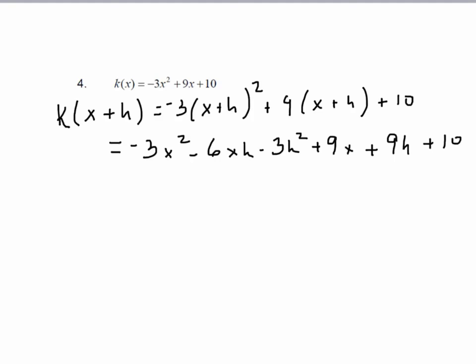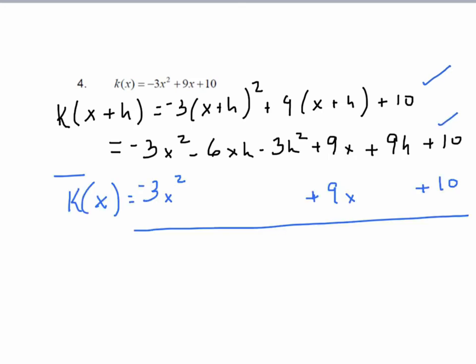So the first thing that I do is I go ahead and I'm going to look at k of x plus h, and you can see that this was my original line where I just plugged in x plus h, and then this is my line where I've really simplified it. Now you can see that I've lined up the original function k of x under its matching values.